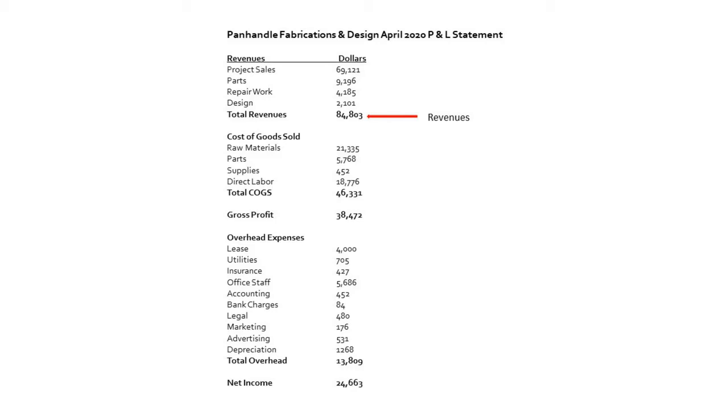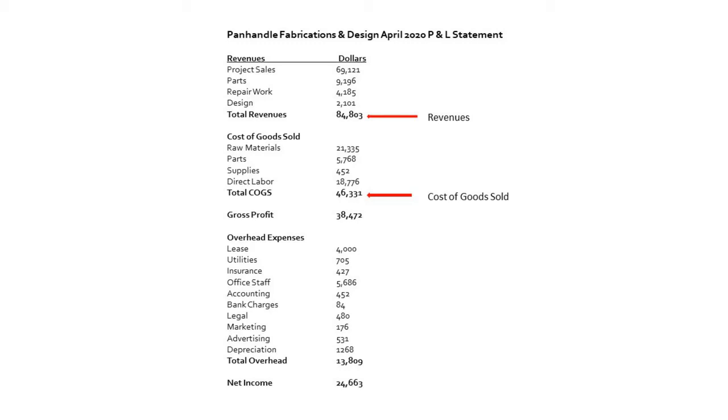Below the revenues, we see a category of expenses called cost of goods sold. And these expenses are literally what the title says. These are the expenses we incurred in either producing a product for sale or in offering a service for sale. And these expenses represent what it costs us to make the revenues that we made.